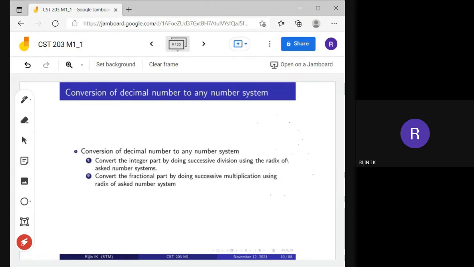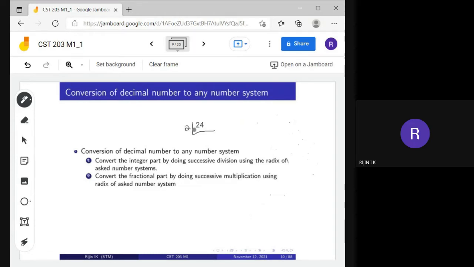We can see how we convert a decimal number into a binary number. For that, I am using an example. Suppose consider the example 24. This 24 I need to convert into the corresponding binary. For converting that into a binary number, we need to divide 24 by 2.